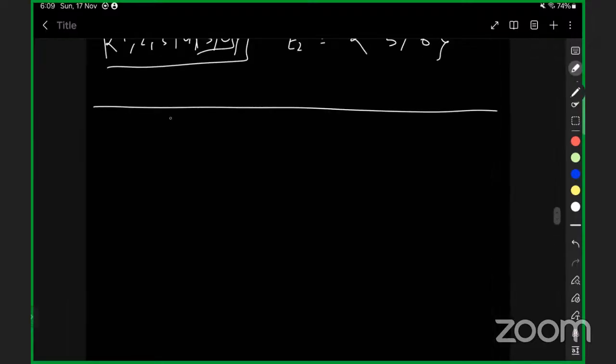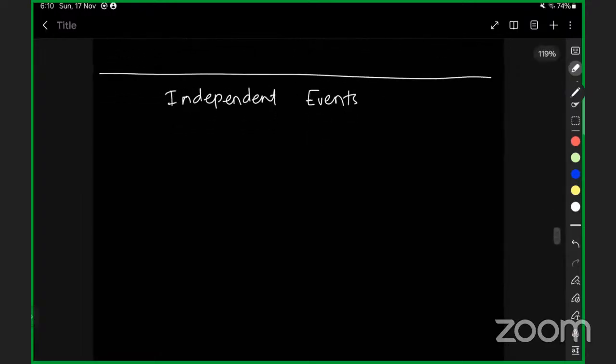Now, one important point is what independent events are. If they are not independent, then of course they are dependent events, right? Let me give you just the intuition of this before we go into the mathematics.